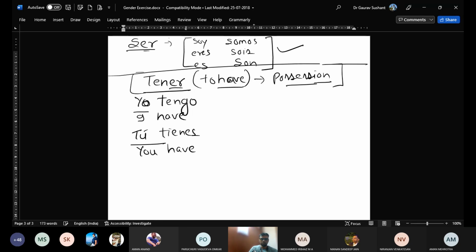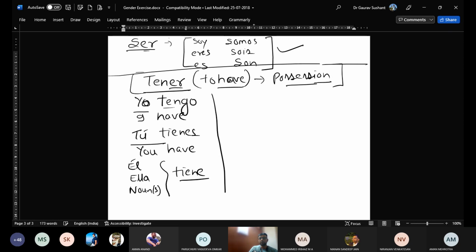Then comes the third one. Subjects under third person singular are more than one. Like él, ella, and then you have a singular noun. With all of these 3, the tener form becomes tiene. So this is how 3 forms have come.